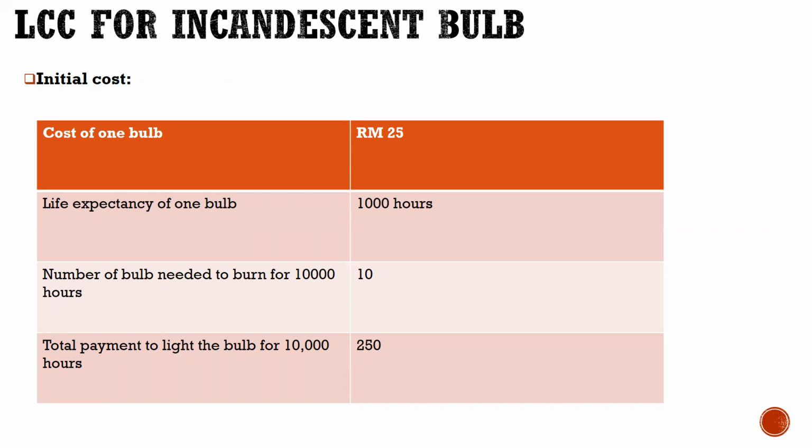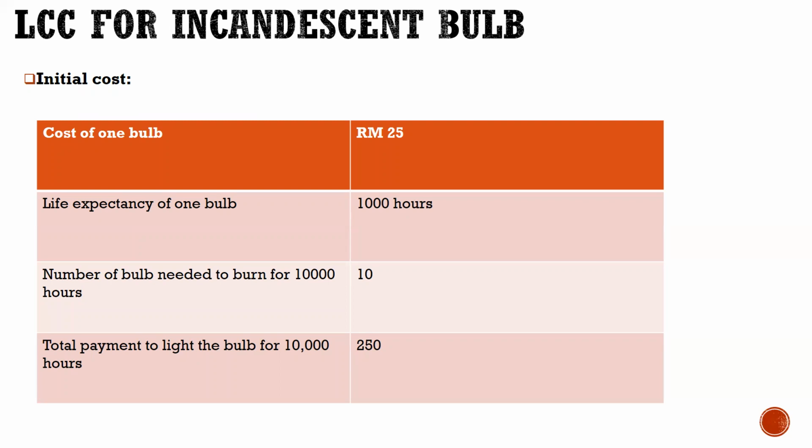So if you want to know the number of bulbs needed to burn 10,000 hours, since one bulb lasts 1,000 hours, you divide 10,000 by 1,000, which gives you 10 bulbs. So the total payment to light the bulb for 10,000 hours will be what?